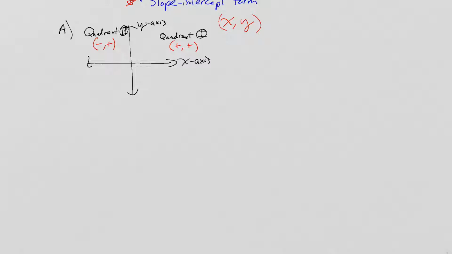And then we have quadrant 3, where both our x and y's are negative. And then we have quadrant 4, where our x is positive, but our y, since we're below the x-axis, is negative.